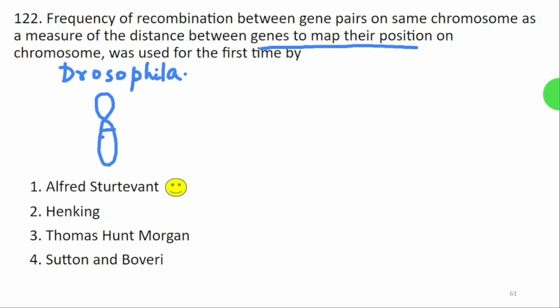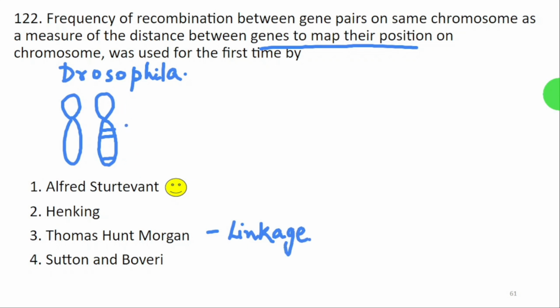He designed a technique in which he could actually locate where the genes are with respect to each other. The original work on linkage was done by his mentor Morgan. Morgan is credited with the work of linkage.